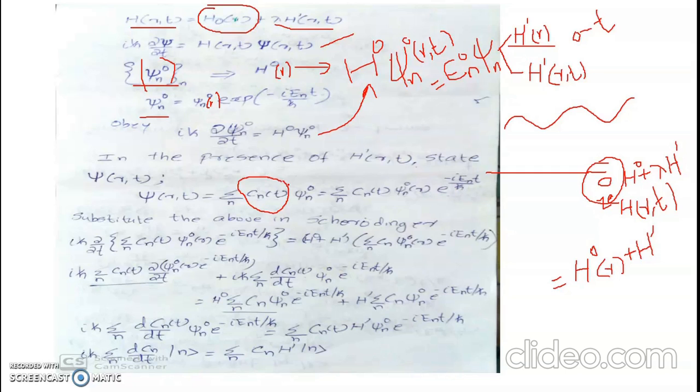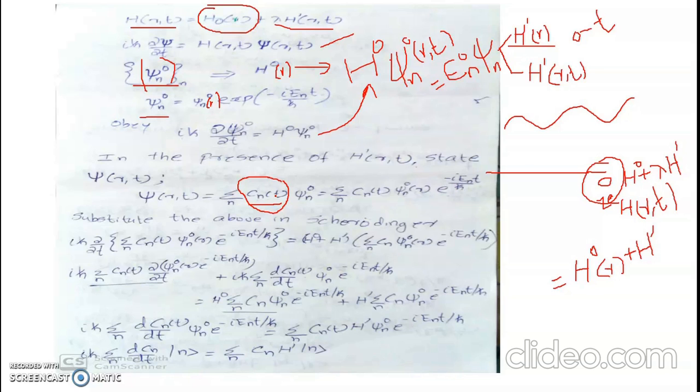The probability amplitude of this transition will be represented by nothing other than this expansion coefficient, because we will be evaluating probability in terms of the square of the wave function. As these psi n zeros are normalized wave functions, their scalar product with themselves will be equal to 1, so that our expression for probability is simply equal to the square of these expansion coefficients, which are time dependent.